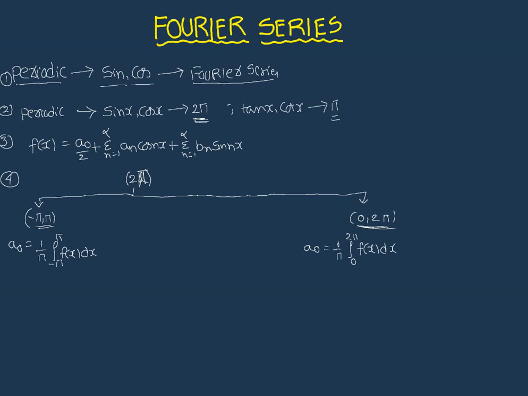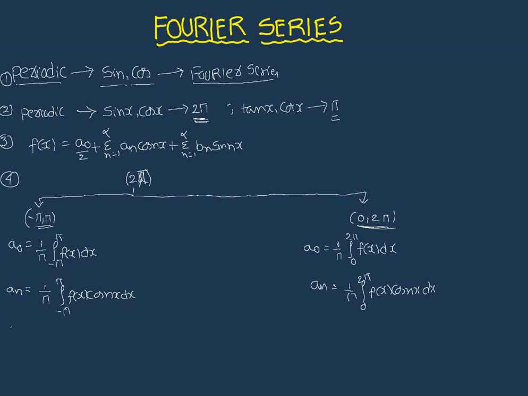Similarly, the a n value for the interval minus pi to pi is a n equal to 1 by pi integral minus pi to pi f of x into cos nx dx. Here a n is equal to 1 by pi integral 0 to 2 pi f of x cos nx dx.